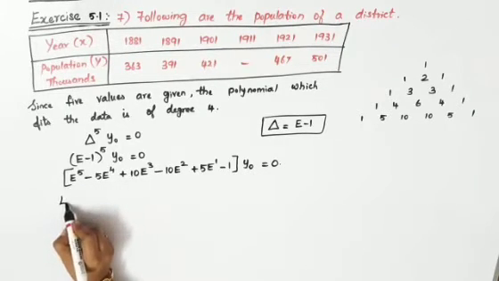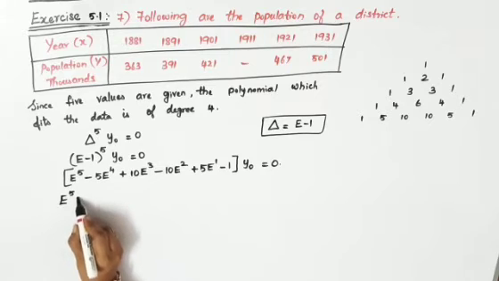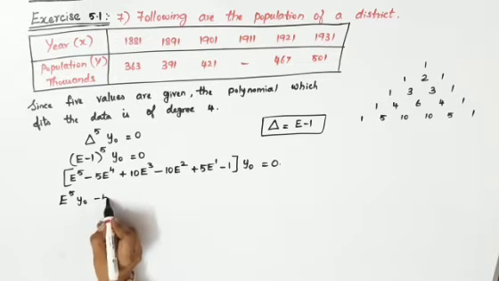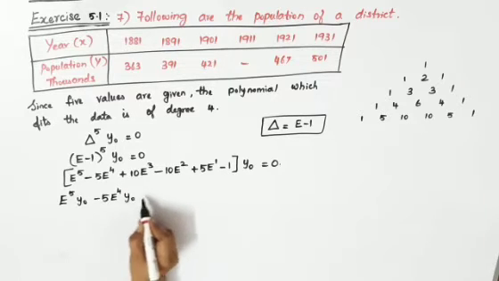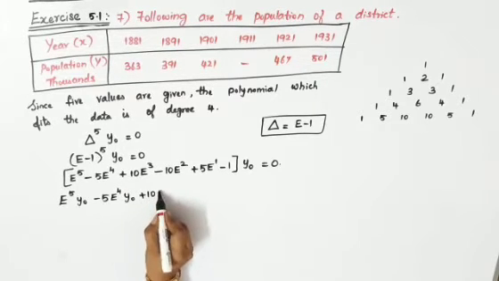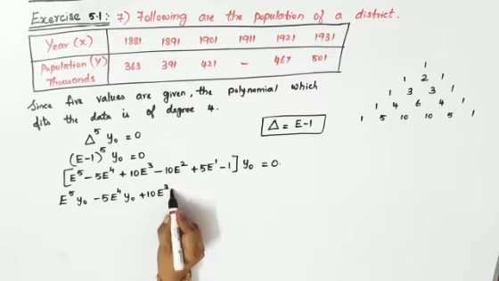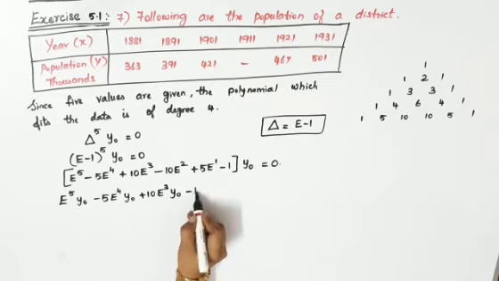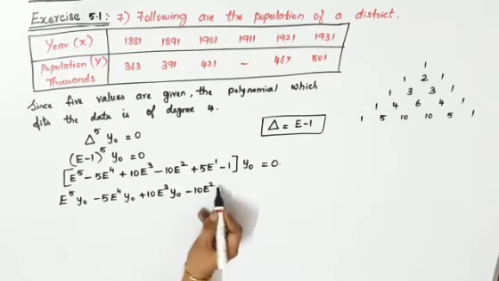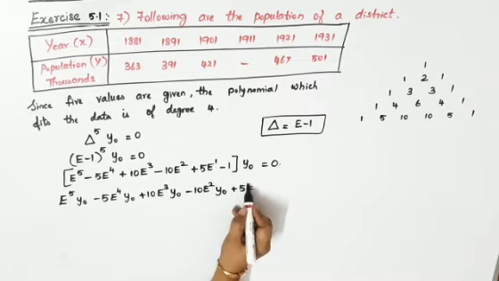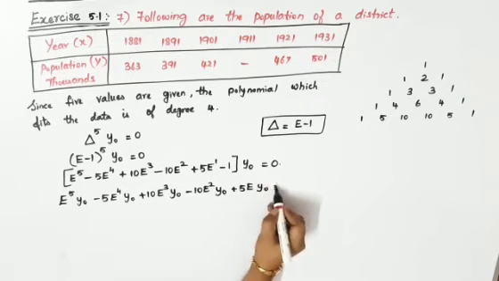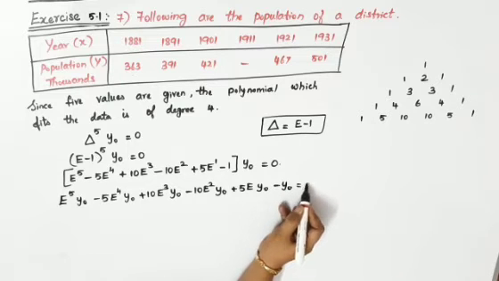Your next step will be e power 5 y naught minus 5 e power 4 y naught plus 10 e power 3 y naught minus 10 e square y naught plus 5 e y naught minus y naught is equal to 0.